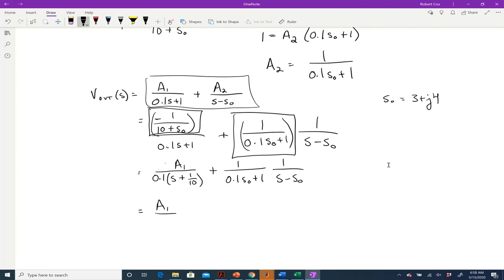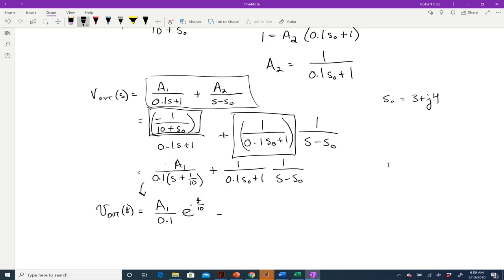Okay? So this guy simply becomes, over here on this side, a1 over 0.1. So at this point I can do the inverse Laplace transform of this expression. If I take the inverse Laplace transform of this particular function right here, what I end up with is a1 over 0.1 times e to the negative t over 10.